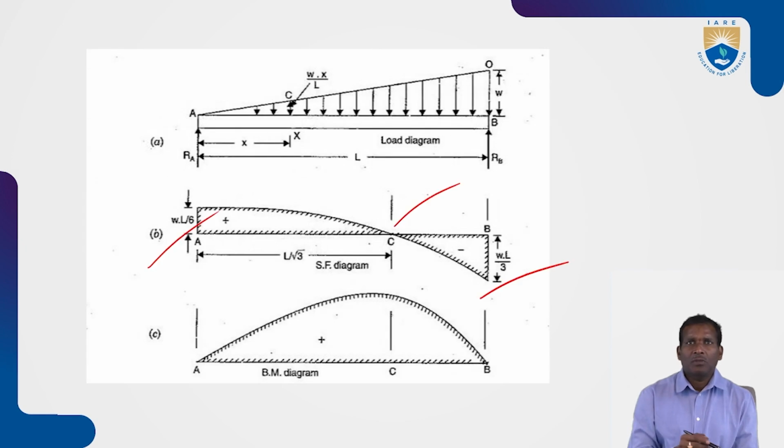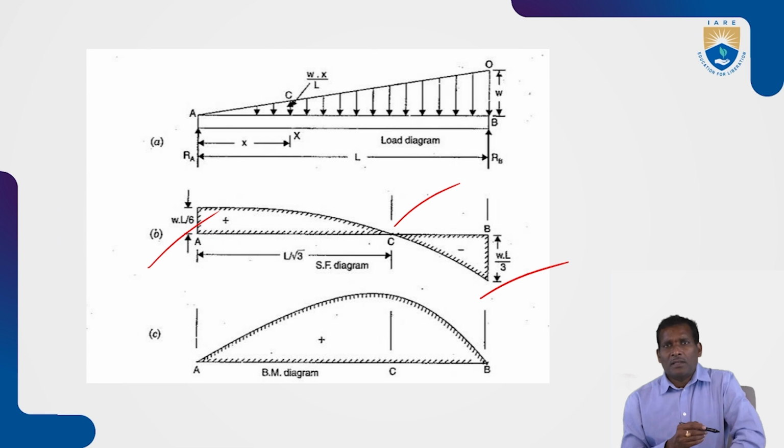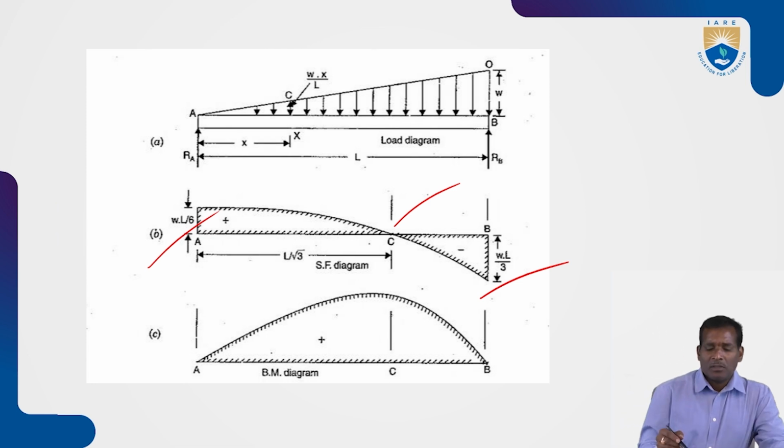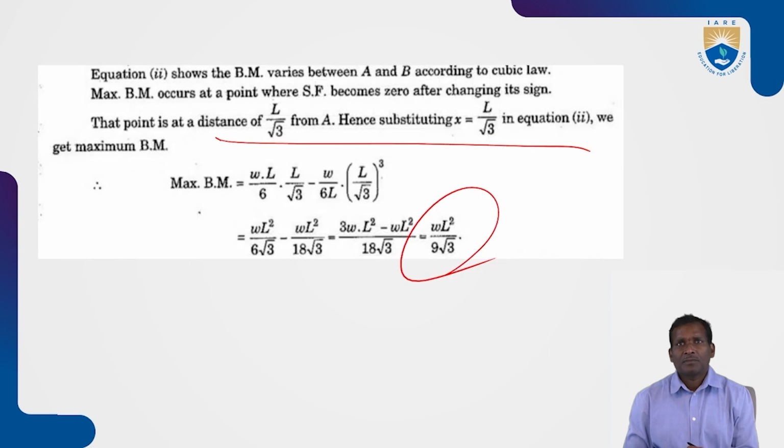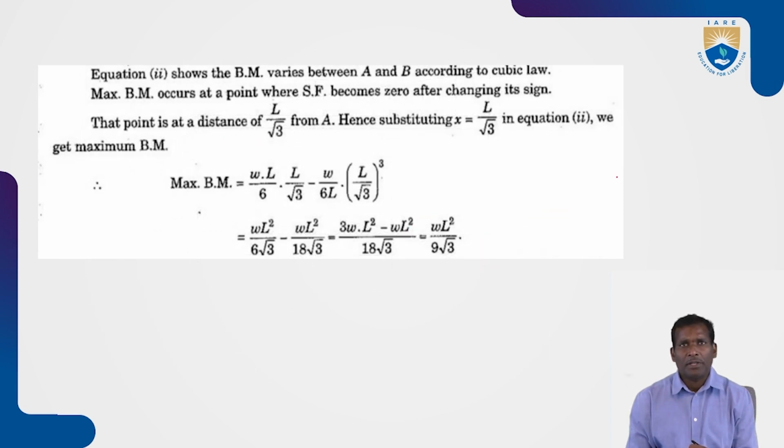There is no shear force here. The shear force changes its sign from positive to negative, and the bending moment follows the cubic law. So a positive bending moment will occur. That is, the maximum bending moment is WL squared by 9 root 3.